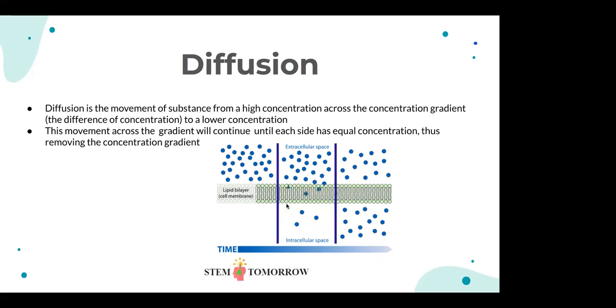So for this example, the concentration gradient would be the lipid bilayer or the cell membrane. You can see that the particles slowly move across until the concentrations are just about balanced. Then there won't be any more movement. And that's the whole point of diffusion, to get equal concentrations of any kind of substance.